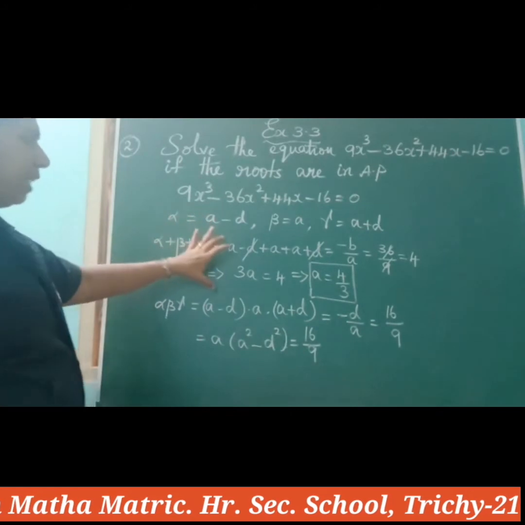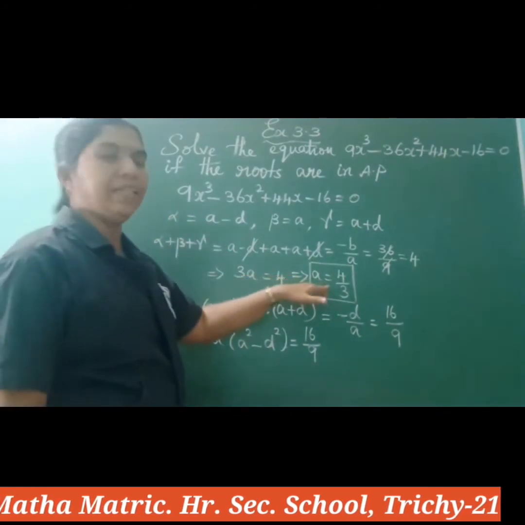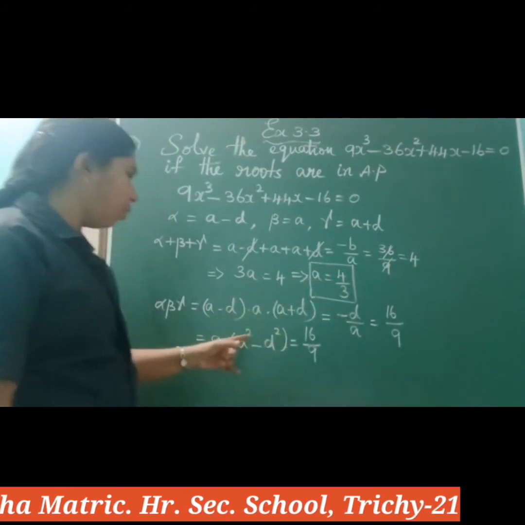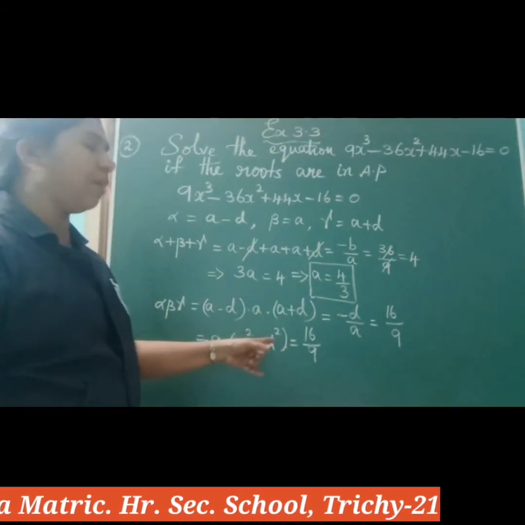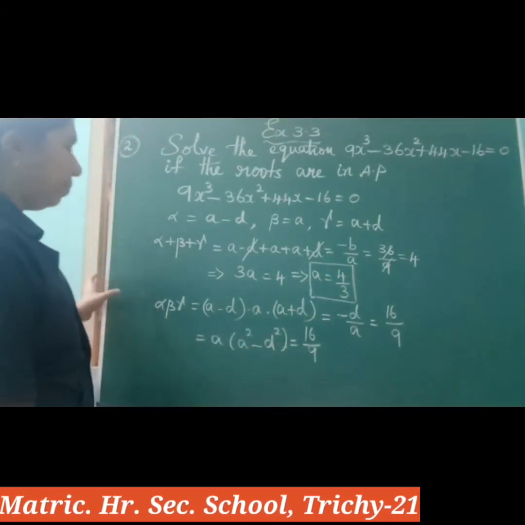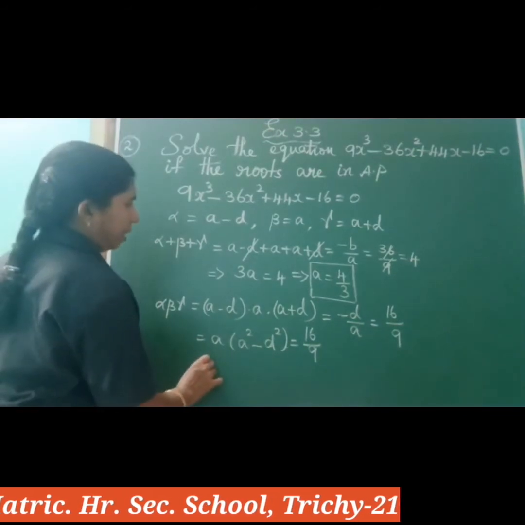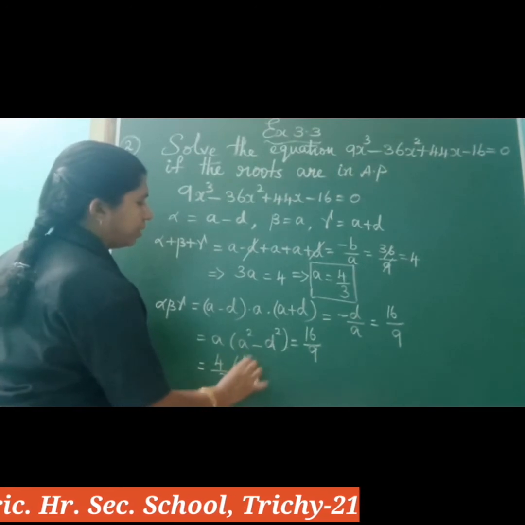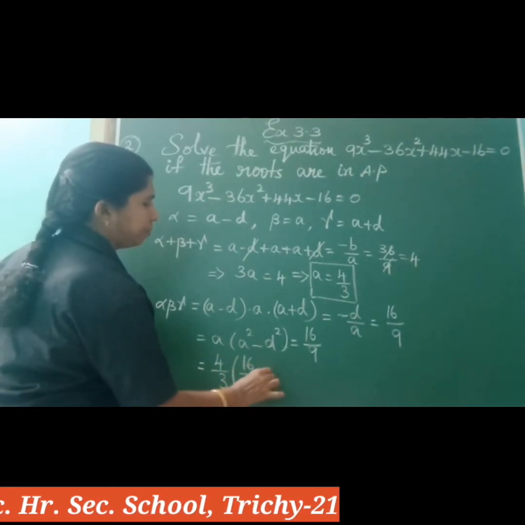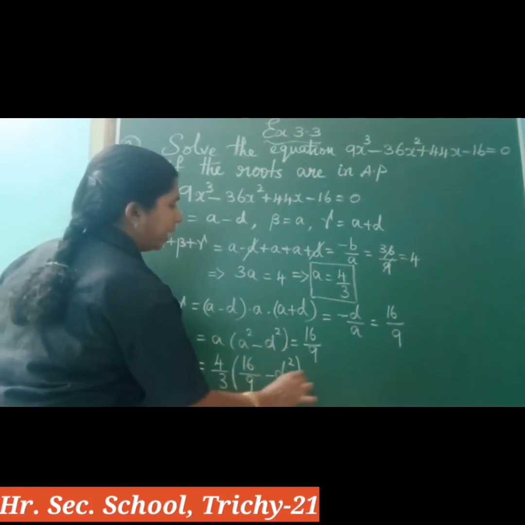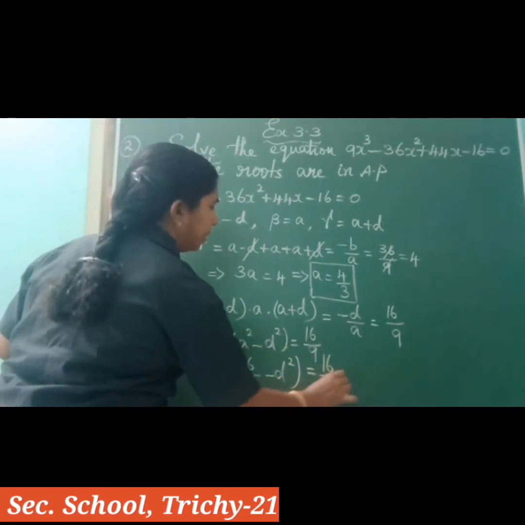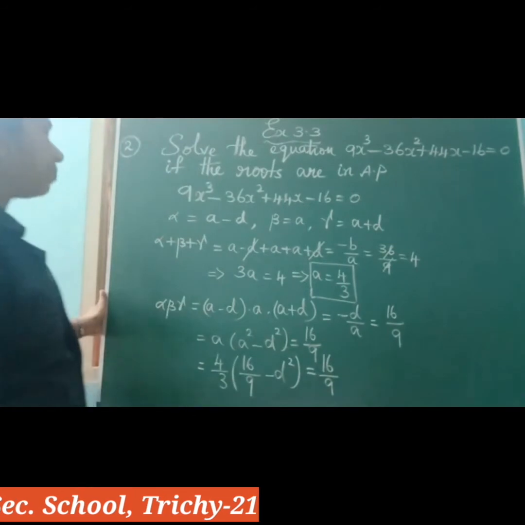Now from the first expression we got the value of a is equal to 4 by 3. So now we are going to substitute this 4 by 3 here to find the value of d: 4 by 3 into a square, 16 by 9 minus d square equal to 16 by 9.